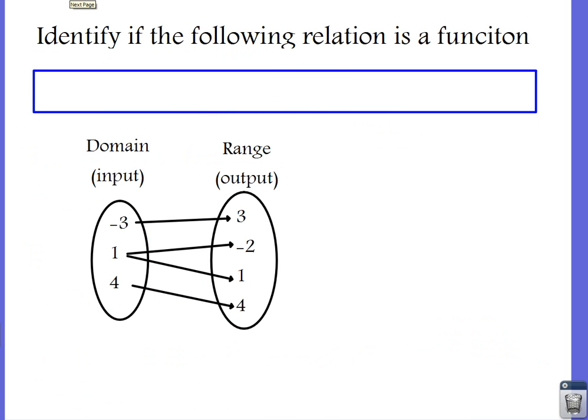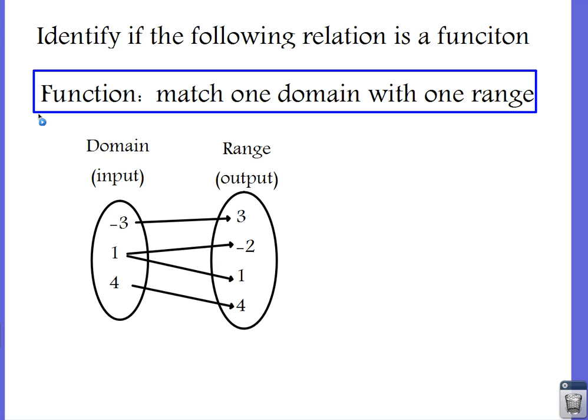First of all, just as a refresher, remember each domain item can only go to one range. So in order for it to be a function, we need to match one domain with one range. If you look at the domain here, this -3 is going to one item in the range, so that one is sufficient.